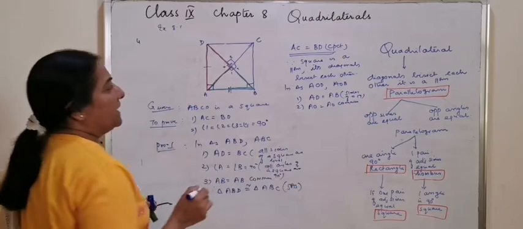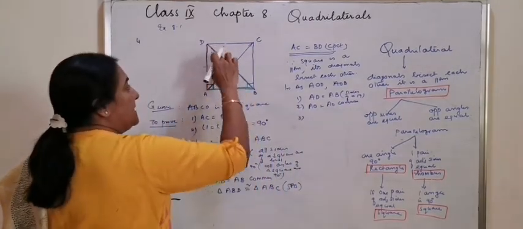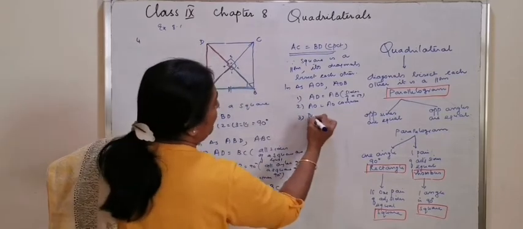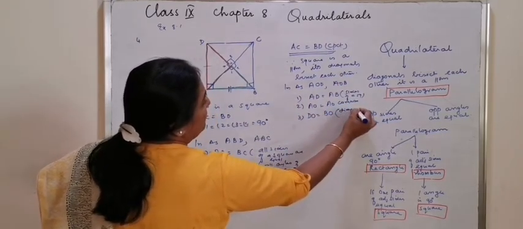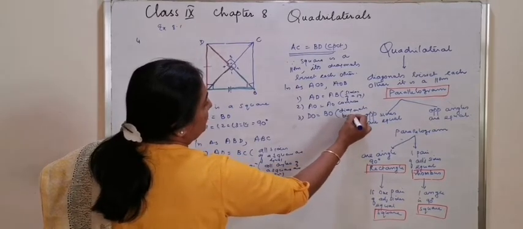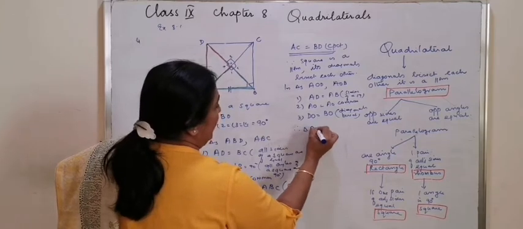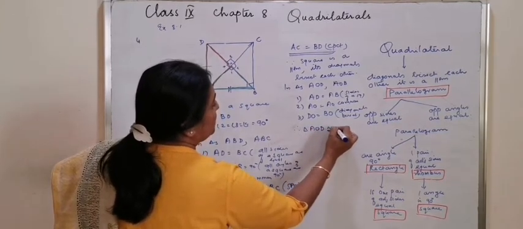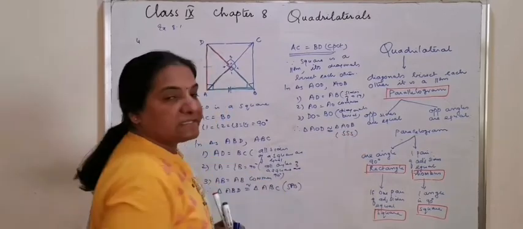The third condition is DO is equal to BO because the diagonals bisect. Therefore, triangle AOD is congruent to triangle AOB by SSS congruence.